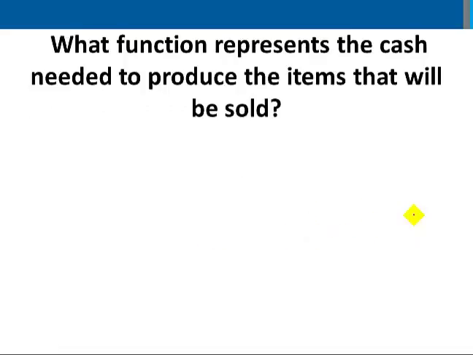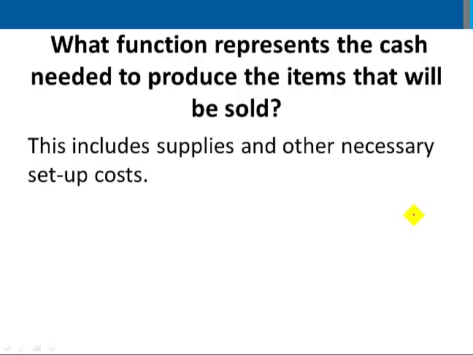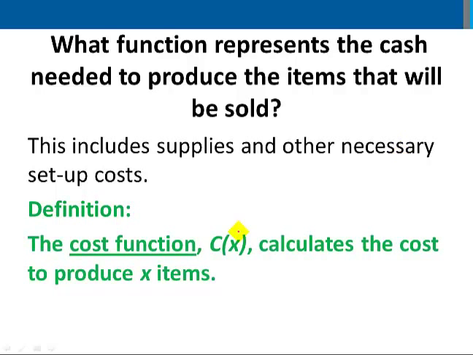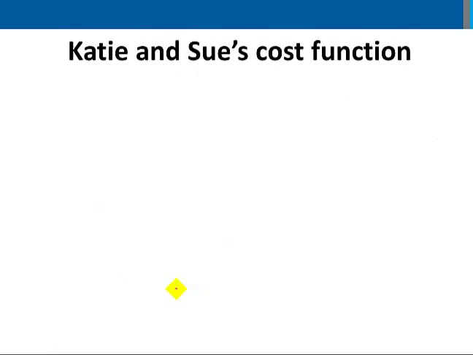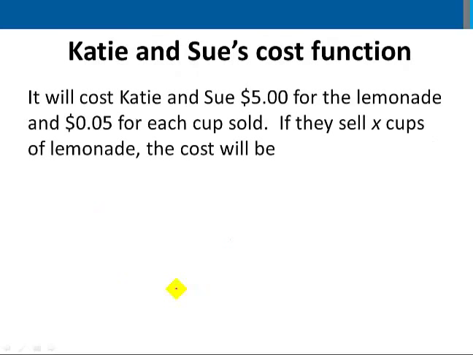Okay, so let's look at what function represents the cash needed to produce the items that will be sold. This includes supplies and other necessary setup costs, such as lemonade and cups in this case. By definition, the cost function, c of x, calculates the cost to produce x items, the x items in this case being the number of cups of lemonade. Katie and Sue's cost function: it will cost Katie and Sue $5 for the lemonade and $0.05 for each cup sold.